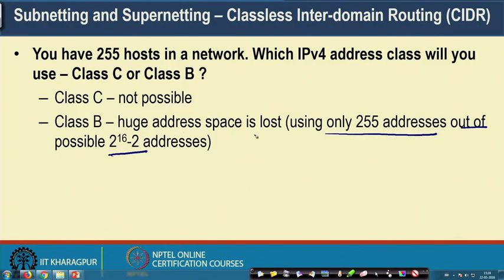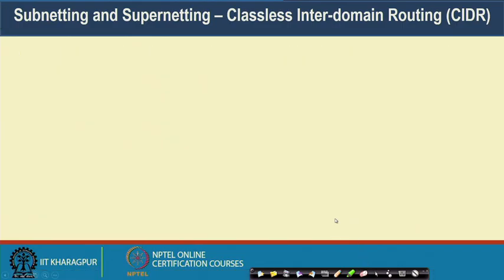So, you are wasting a huge address space. That was the major problem with the classful IP addressing that was initially designed as a part of the IPv4 addressing mechanism.